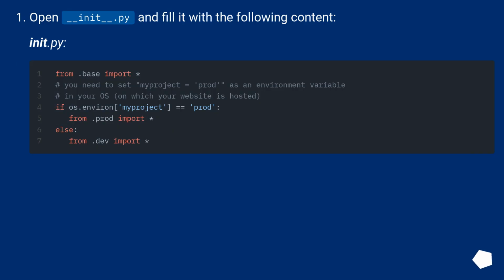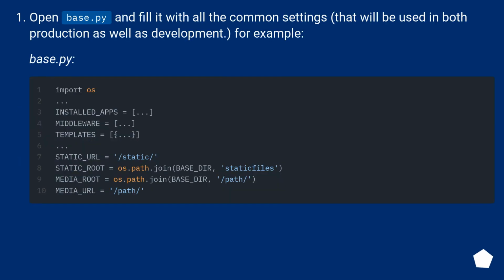Open __init__.py and fill it with the following content. Open base.py and fill it with all the common settings that will be used in both production as well as development.